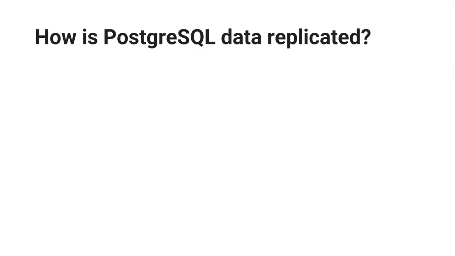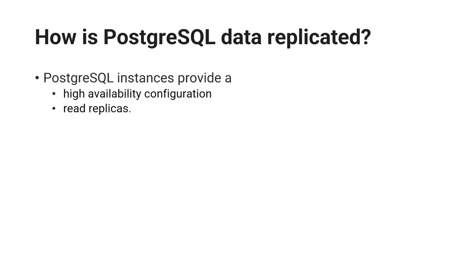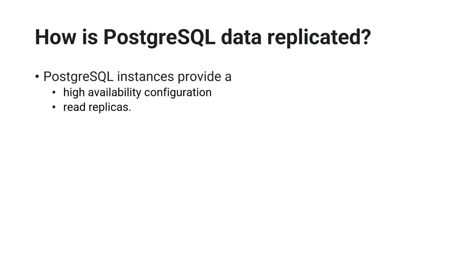How is the PostgreSQL data replicated? You have two ways. When you talk about high availability, you have managed instance replication from one region to another, which is based on disk-based replication. In case there is any problem, the instance fails over to the available instance in another region.